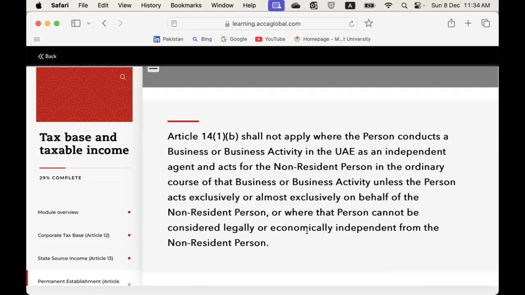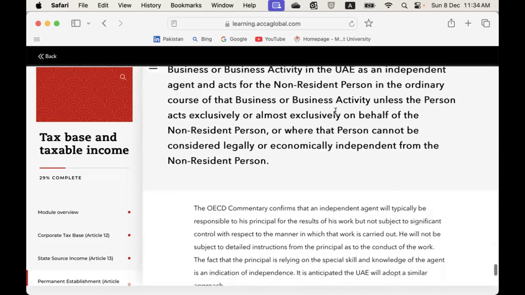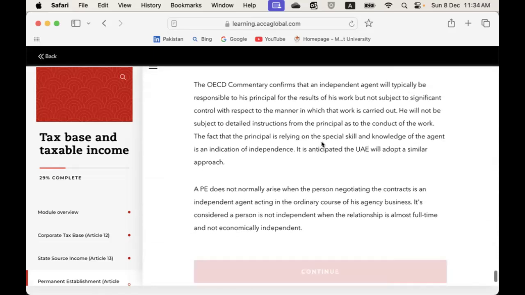So yeah, most usually it is an example of companies who are acting on behalf of a non-resident person. Even a company can be a dependent agent, if it is exclusively acting on behalf of the non-resident person.